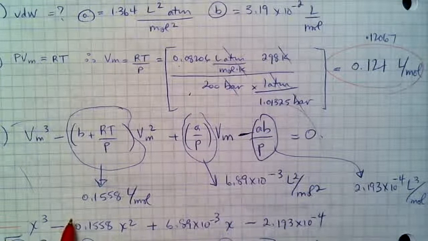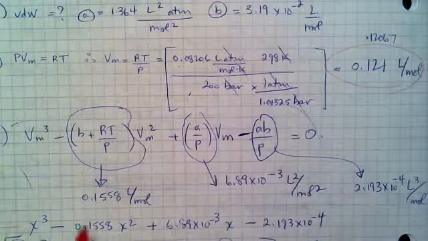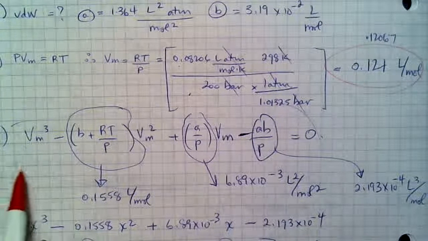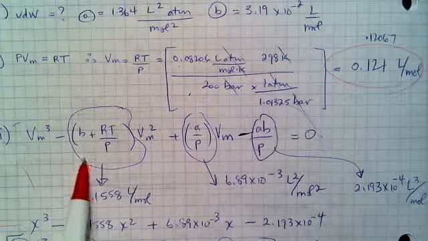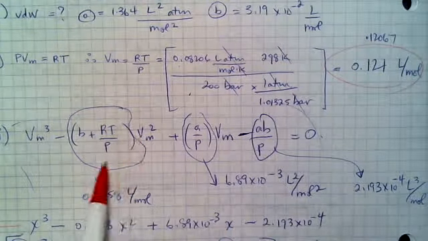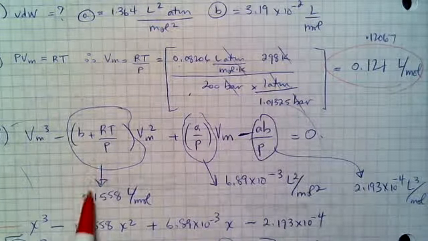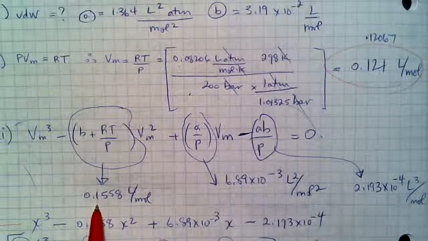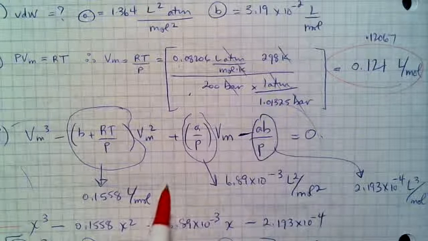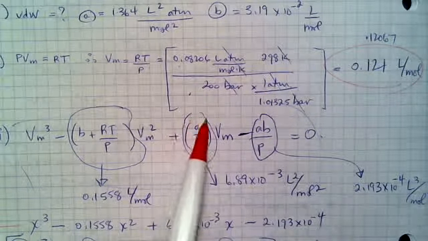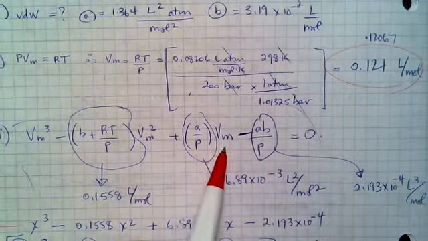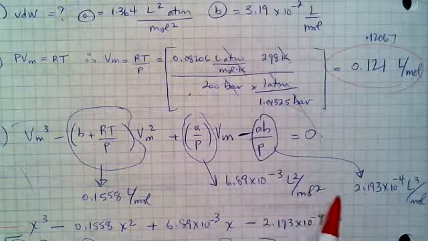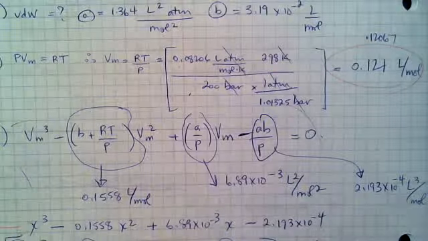Just be careful when we've got negative signs to account for, because I think that's the only place where folks went wrong. This one that has the circle around it is the coefficient of Vm squared, and that comes out to be this number. I'm carrying more digits than I need to because the calculation is not complete. a over P is my coefficient of Vm, and ab over P, pressure, is my last one.